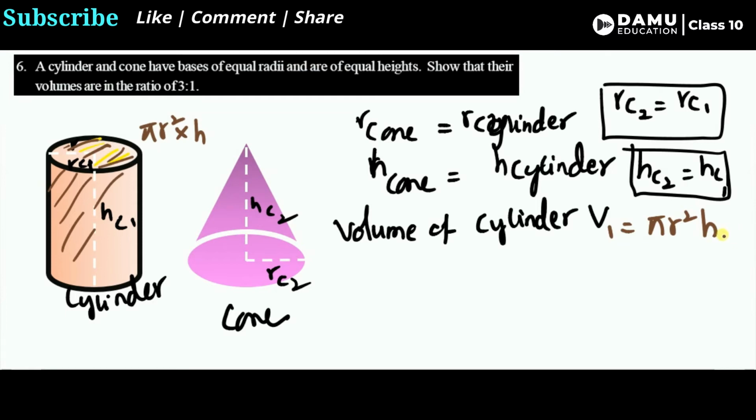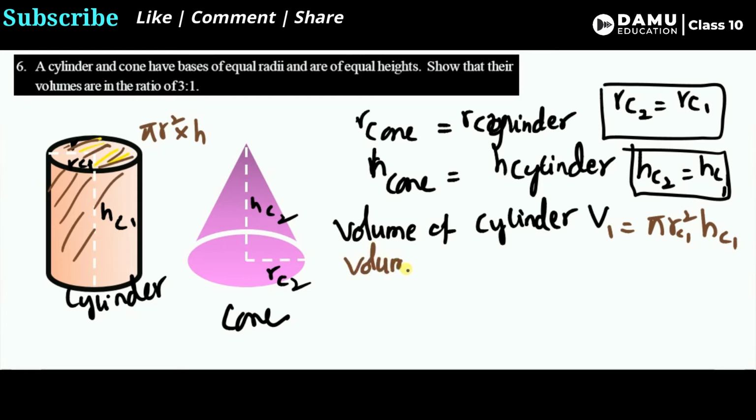So the volume of the cylinder with R_C1 and H_C1 is pi r square H. Then what is the next one? The volume of the cone.